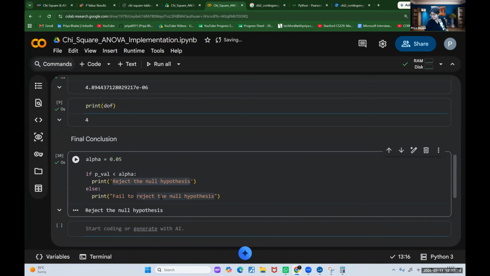Is this good? Is this fine? So if you are saying that you are rejecting the null hypothesis, what does that mean in terms of our problem statement?